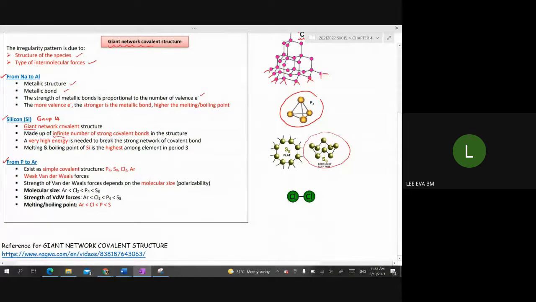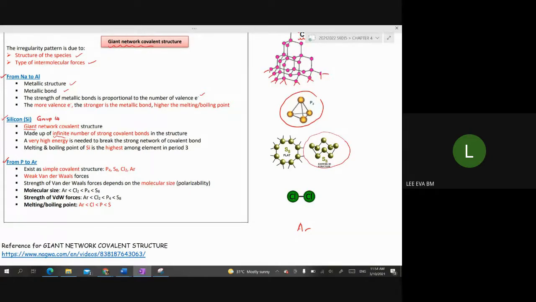The last one, argon, comes from group 18, so it exists as mono atoms only. It will not link with other atoms, so argon exists as a single atom.